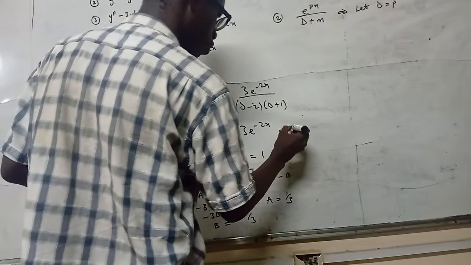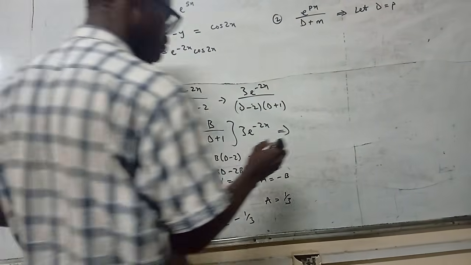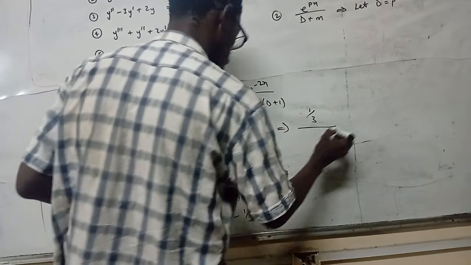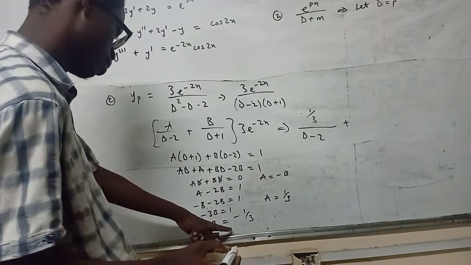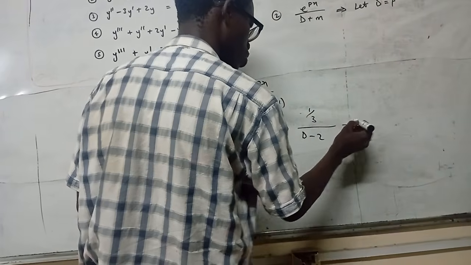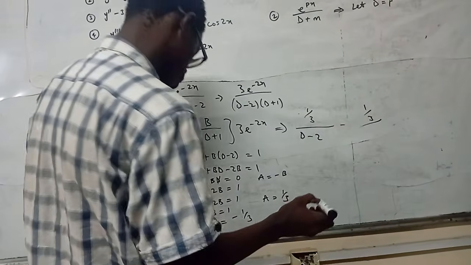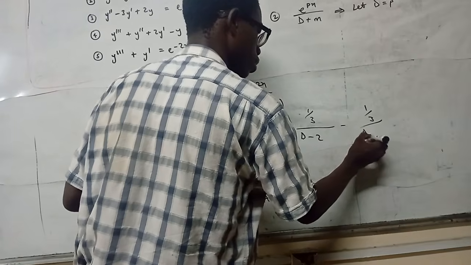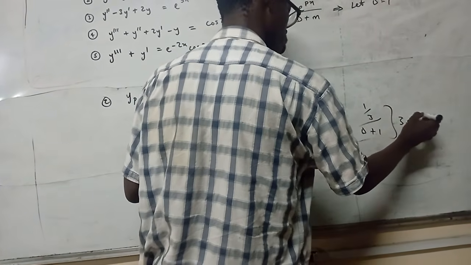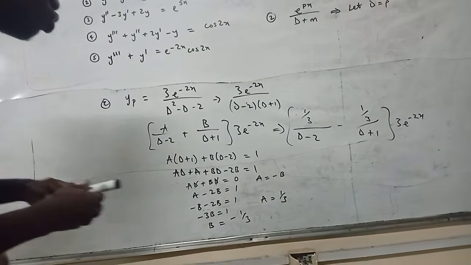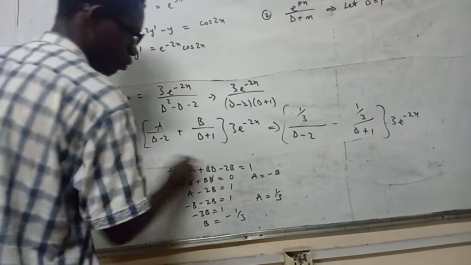So this will now transform into A is 1 over 3, so 1 over 3 over D minus 2 plus B is minus 1 over 3, so I can write this as minus 1 over 3 over D plus 1, everything times 3e to the minus 2x. So I can now simplify this.